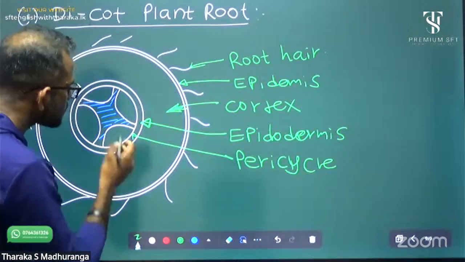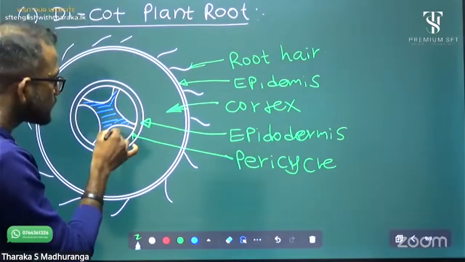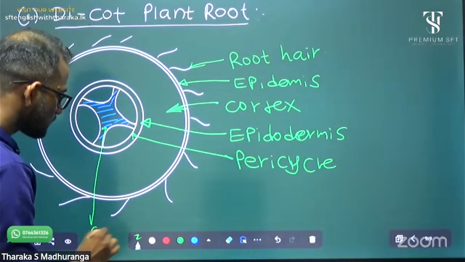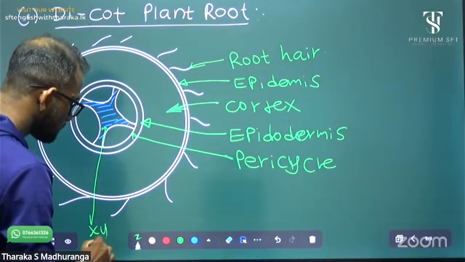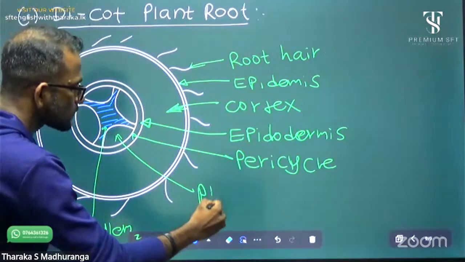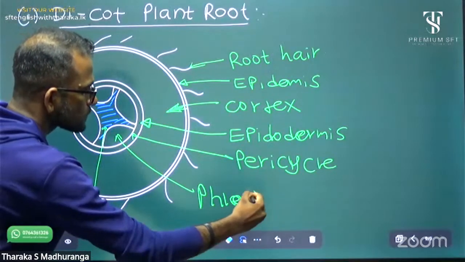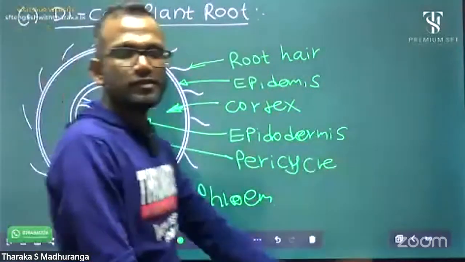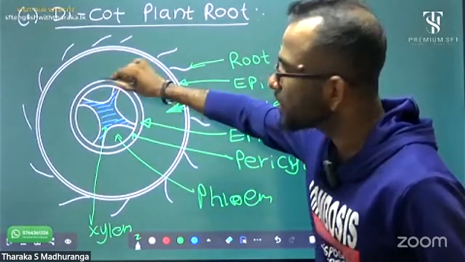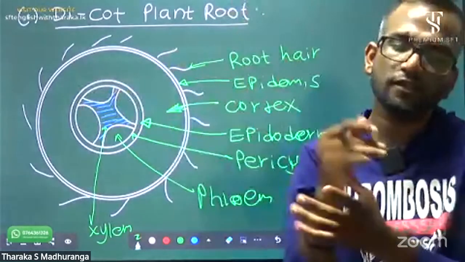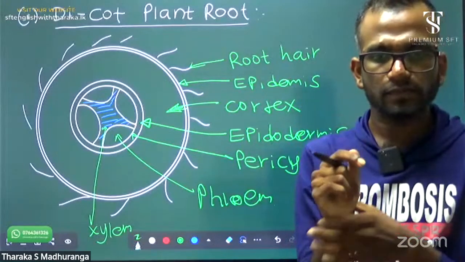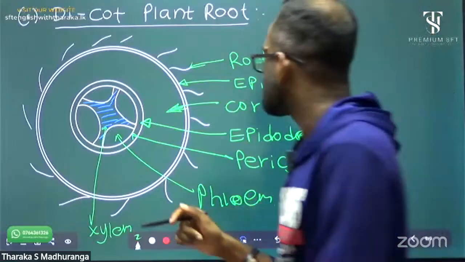The star shape is the xylem, the inside one is always the xylem, and these are the phloems. That's a dicot root. Remember how you can identify a dicot root? By the star-shaped xylem. Right? Clear? It is the same as the stem.